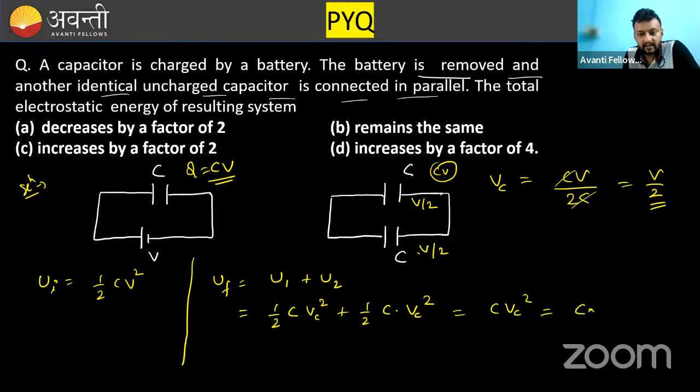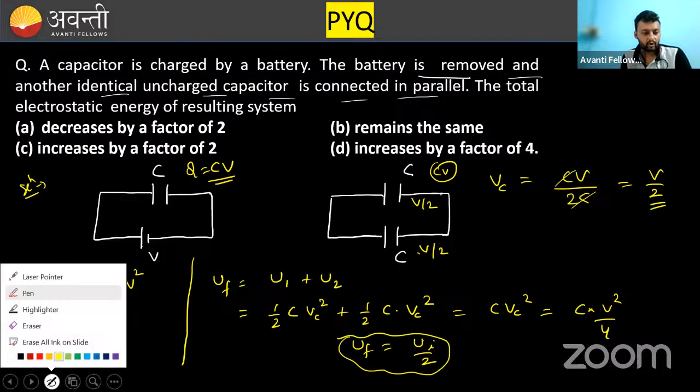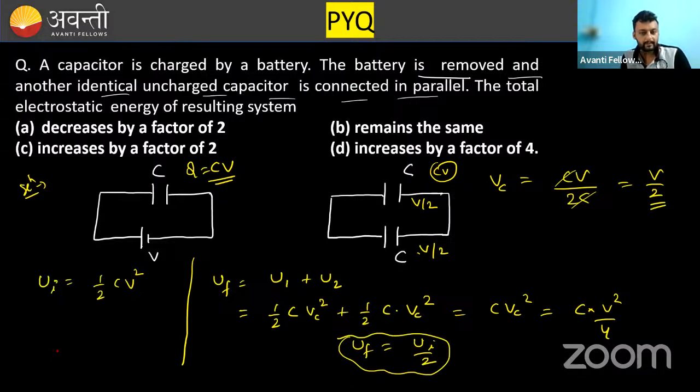That is C, and V common square is V square by 4. So the new energy will become CV square by 4. Original energy is CV square by 2. Can you say that it becomes half? So U final is U initial by 2. So what is the correct option? It decreases by a factor of 2.